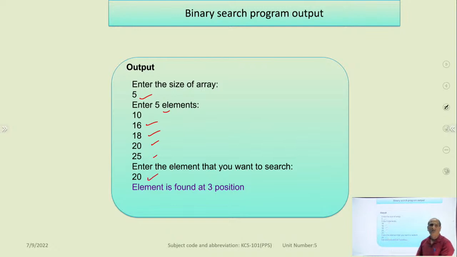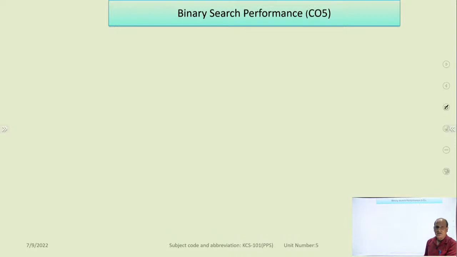Let's say the user has entered 20, and this 20 will be compared with the mid index. The mid index will be found, and by applying the logic that I have explained just above, it will tell that the element is found at position 3. So this way you can apply the binary searching technique.